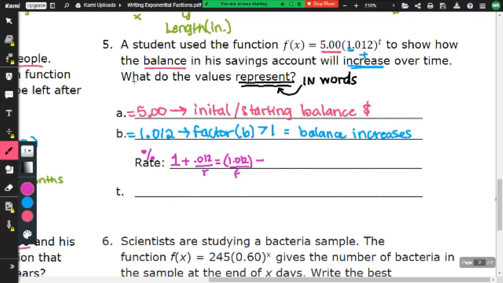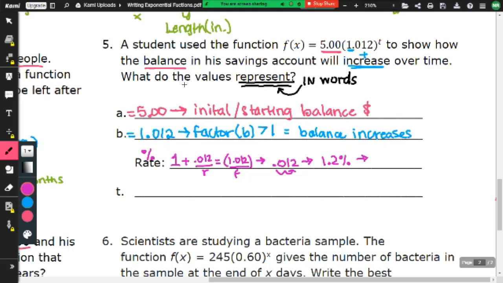So that means my rate is 0.012, but my rate has to be written as a percent. Take the decimal, move it twice to the right, and it's 1.2%.